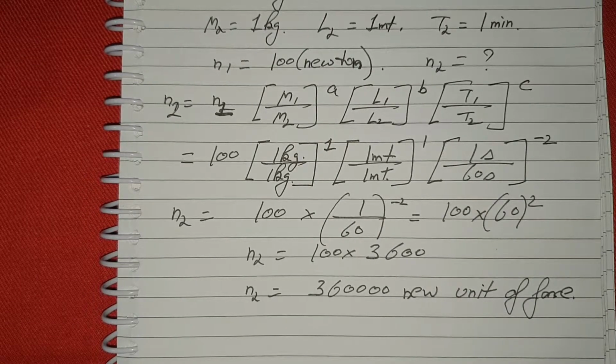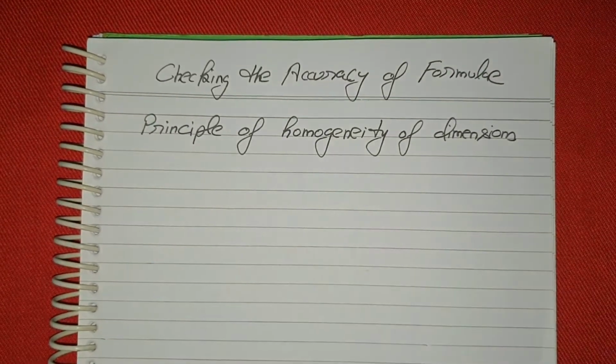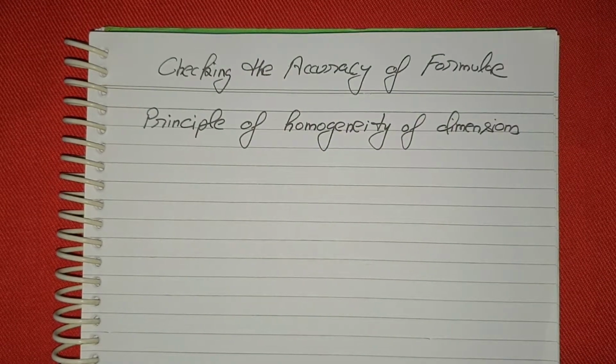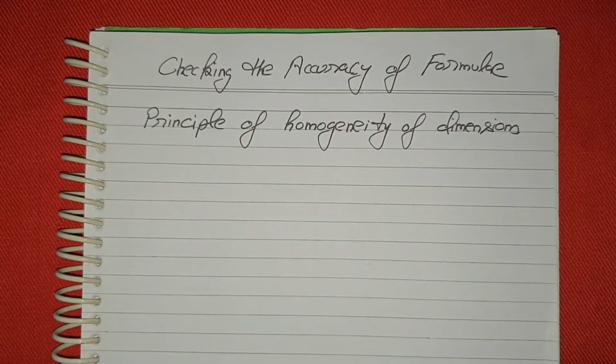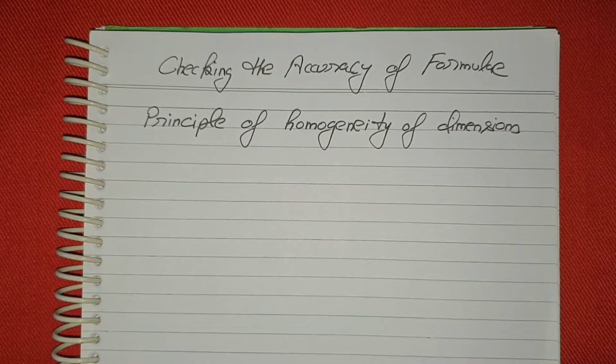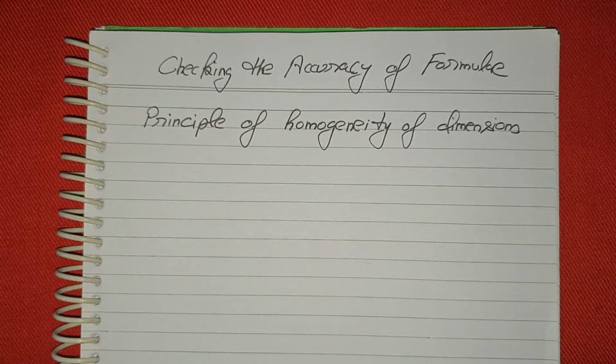Now the next point is checking the accuracy of a formula. Whether a given relation or equation is correct or not can be checked on the basis of what is known as the principle of homogeneity of dimensions. According to this principle, only that formula is correct in which the dimensions of various terms on one side of the relation are equal to the respective dimensions of these terms on the other side.